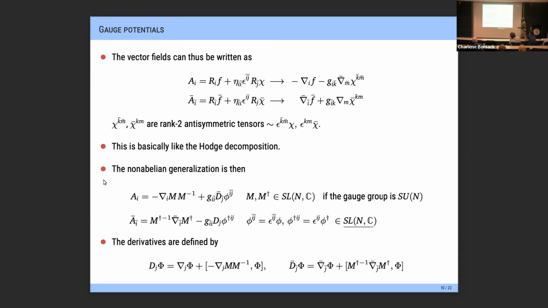Now, how do I generalize this to the non-abelian case? I take this, I notice that these are gradients. They're like what we do for gauge transformations for gauge fields. It's complex in the present case, of course, but even so, we can integrate this up, so to speak, and write a non-abelian generalization like so. Once again, M and M dagger are SL(N,C) matrices. If I take gauge group SU(N), here is a gauge covariant term.